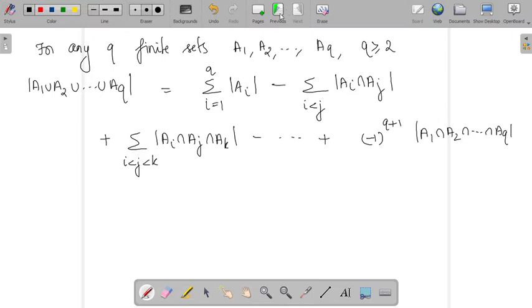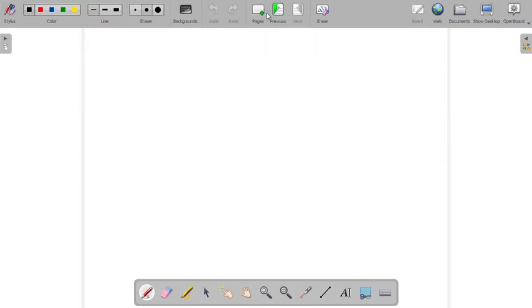So let us see few examples using the principle of inclusion and exclusion. The first problem is, let S equal to the set 1, 2, 3, etc. 500.